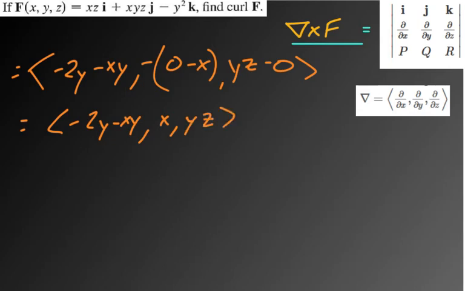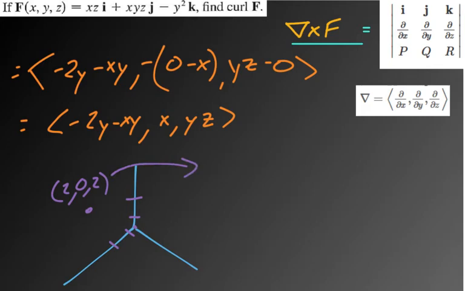And so what this is basically a vector, right, where if you're in 3D space, you can just be at any point you want. Like, let's say this is the point 1, 2, down in the x, and 1, 2, up in the y. So this point is just like 2, 0, 2, or something like that. Now you can figure out at 2, 0, 2 in this field, what is the strength of the curl?